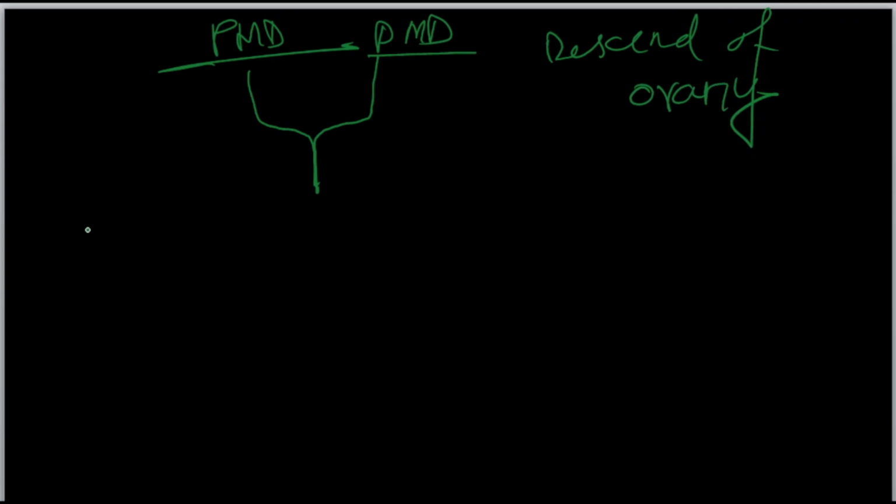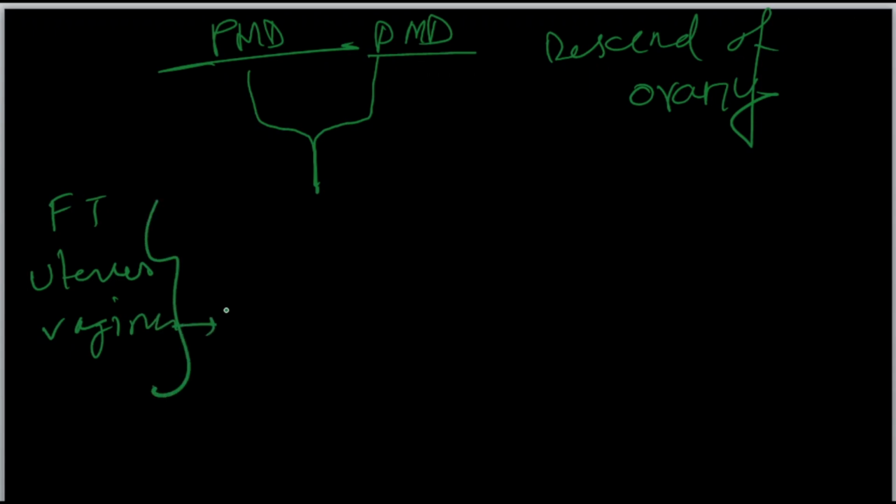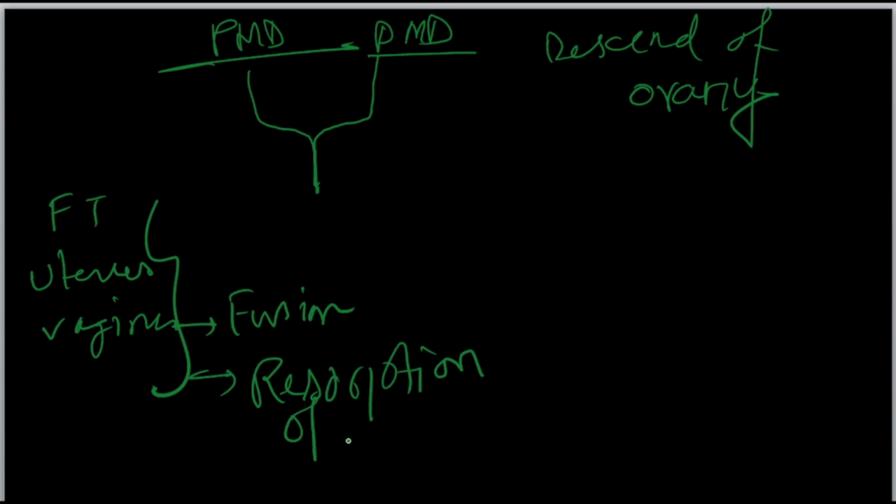For development of female internal genitalia, that is fallopian tube, uterus, and vagina, there are two procedures that need to happen. One is fusion, then resorption of septum and canalization.